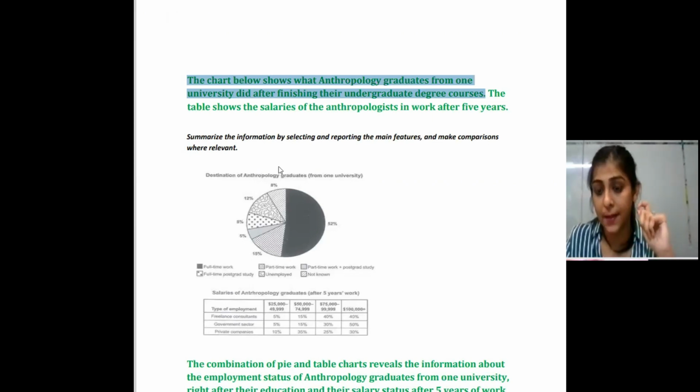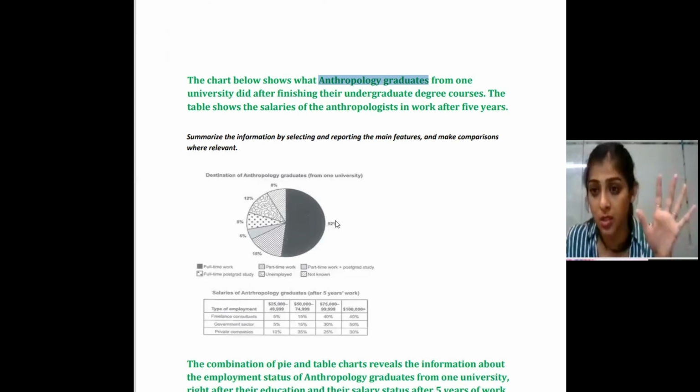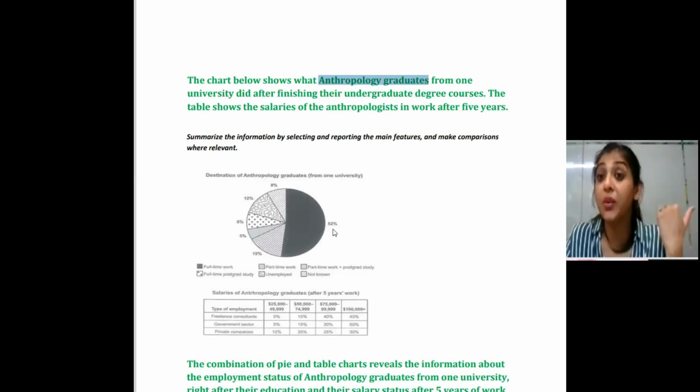It's about the pie chart. Now, according to this sentence, the pie chart shows the percentage of anthropology graduates. Fine. So, which means this percentage is of graduates, students. Though we won't write students here, but in order to keep it clear to you. So, the percentage of students, graduates.